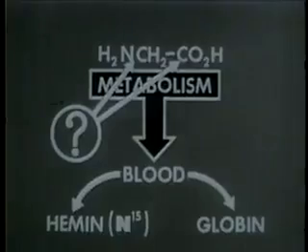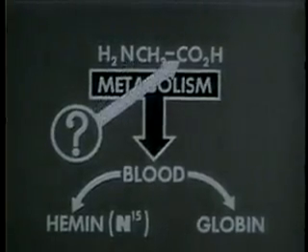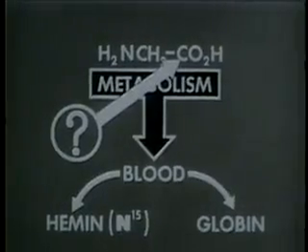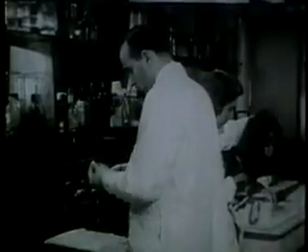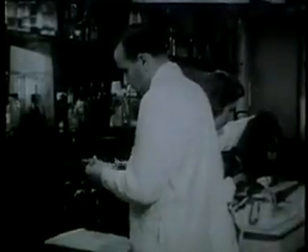To answer this question, the carboxyl carbon must first be traced. The glycine used here has been synthesized with its carboxyl carbon labeled with carbon-14. This labeled glycine is then injected into the dog.